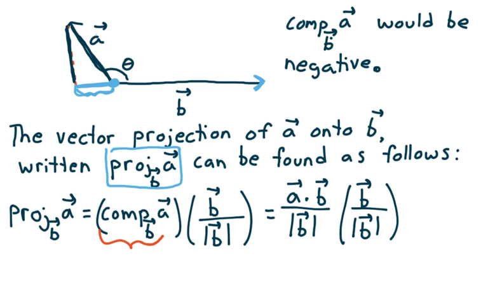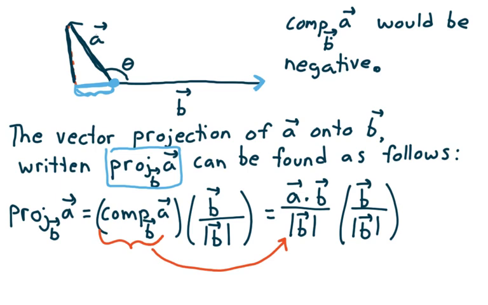So I convert B into a unit vector by dividing by the magnitude of B. I take the component, or the scalar projection of A onto B, and I multiply by B divided by the magnitude of B. But remember that hard work: the scalar projection of A onto B is the dot product of A and B divided by the magnitude of B, and I'm multiplying by B divided by the magnitude of B. So a unit vector has length 1.